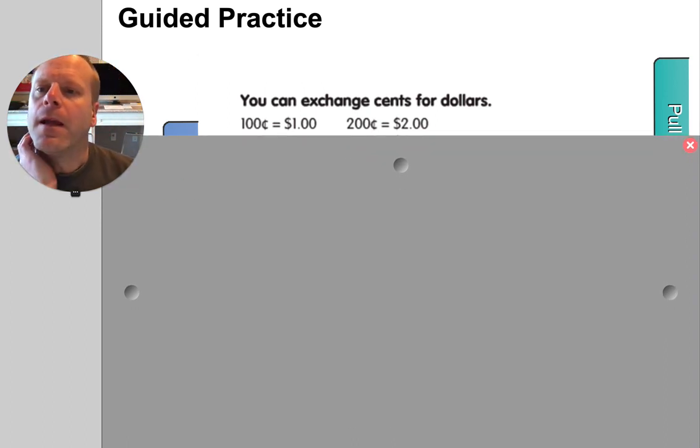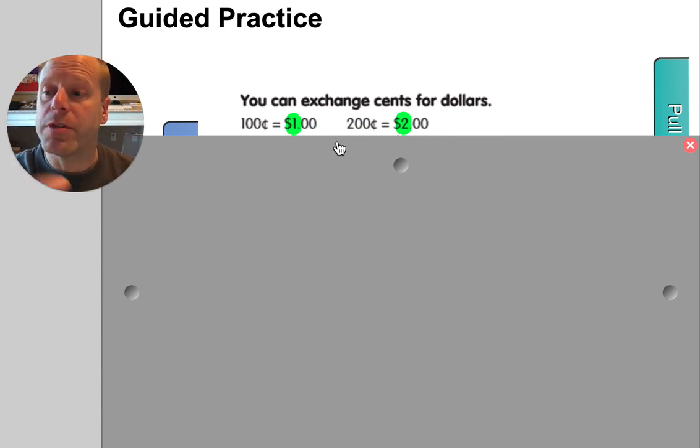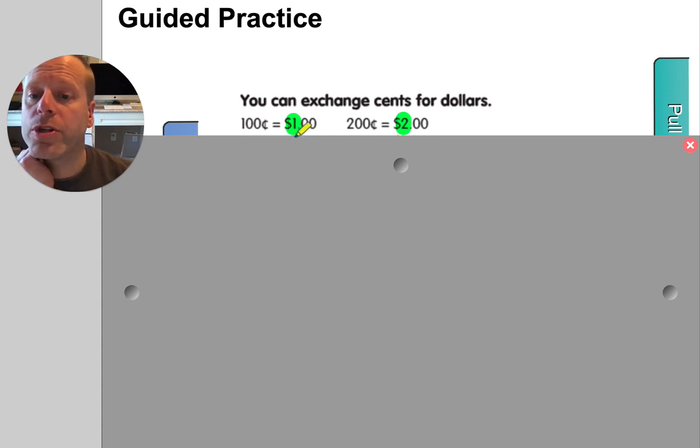So, 100 cents is the same as $1 and no extra cents. See that? 200 cents is the same as $2 and no extra cents. You can choose to include those zeros in the back, or you could just write it as $1 or $2.